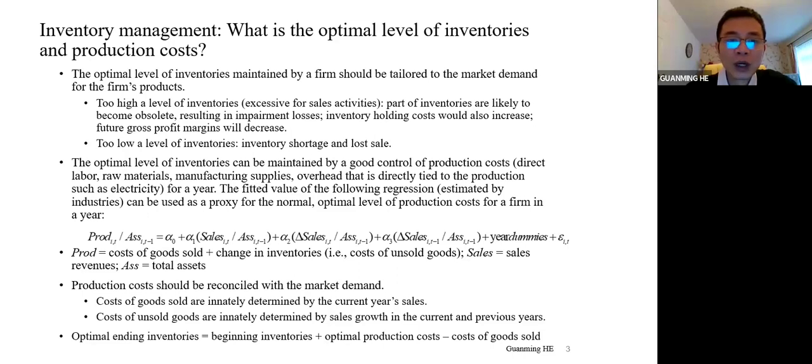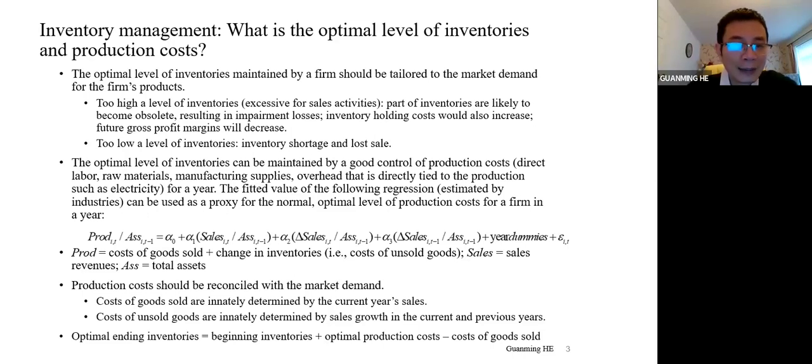If the company's inventories are at too low a level, the company will face lost sales. So it's crucial for the companies to maintain a reasonable level of inventories. And we can rely on a regression analysis to help us figure out what level of inventories should be optimal for the firm.